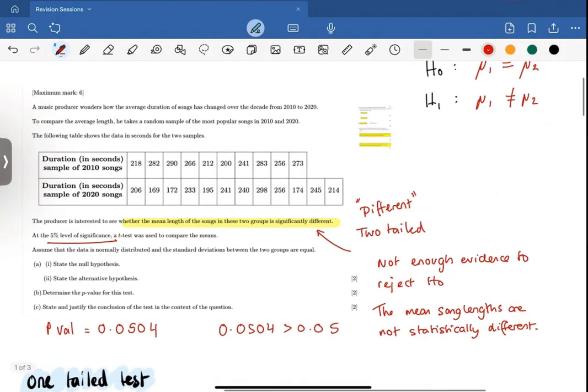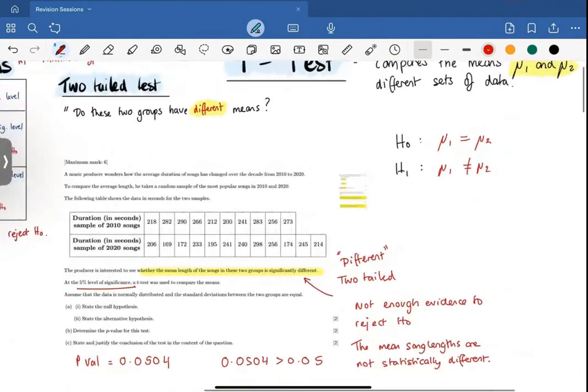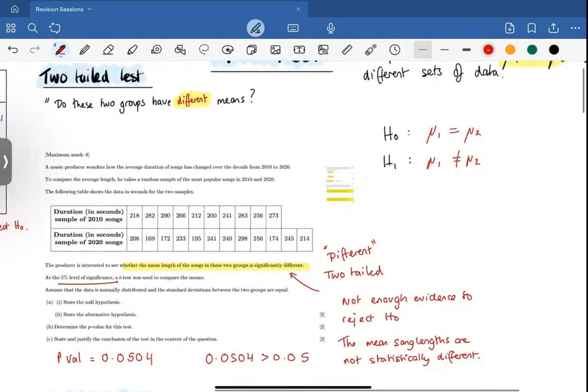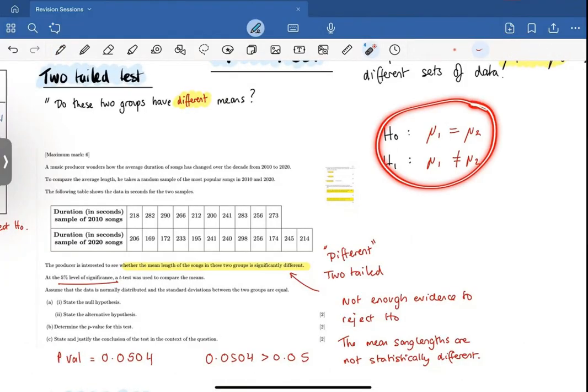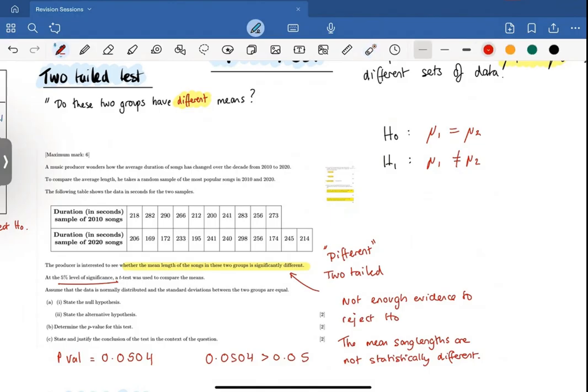And that's kind of the basics of a t-test. So we hypothesise, we do the test, usually comparing the p-value with the significance level, and then write our conclusion. So that's the two-tailed. Are they different?